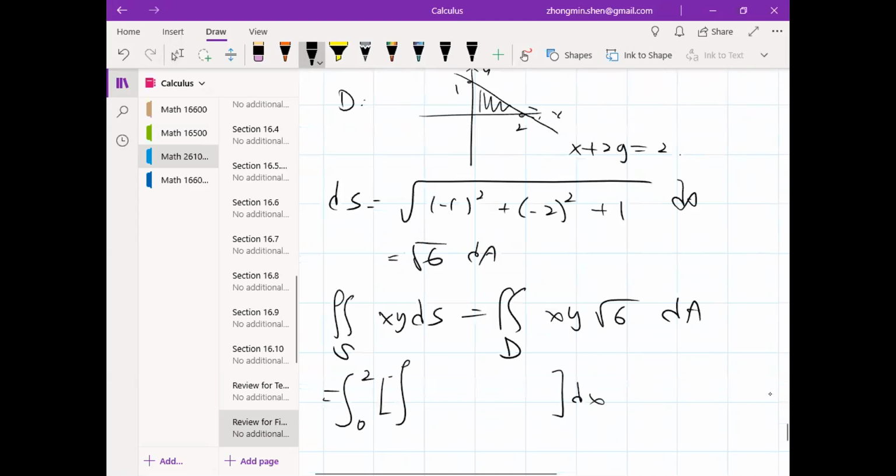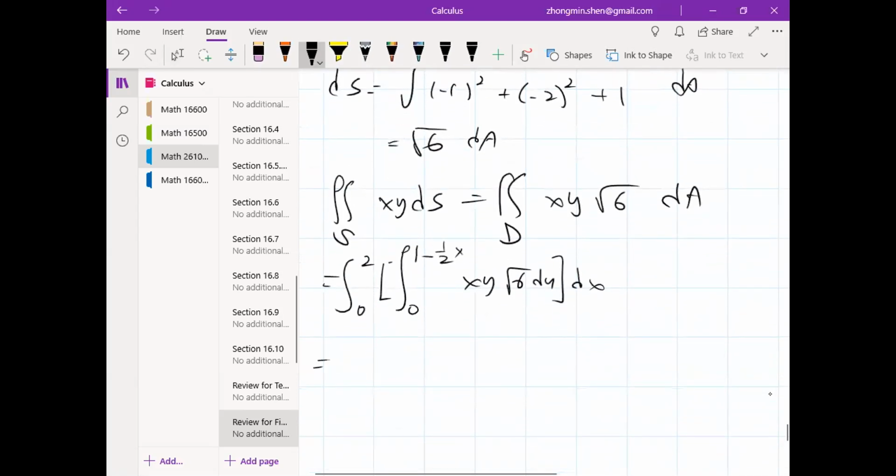For each x, look at the triangle: the y value goes from 0 to the upper bound, 1 minus half of x. So you take square root of 6 out.